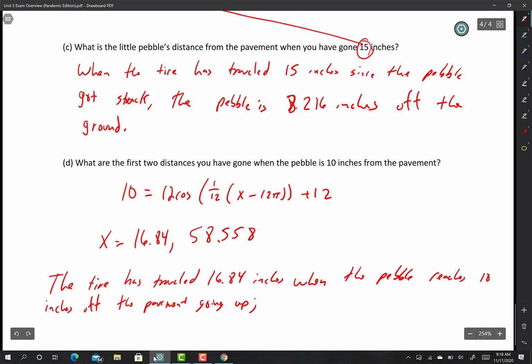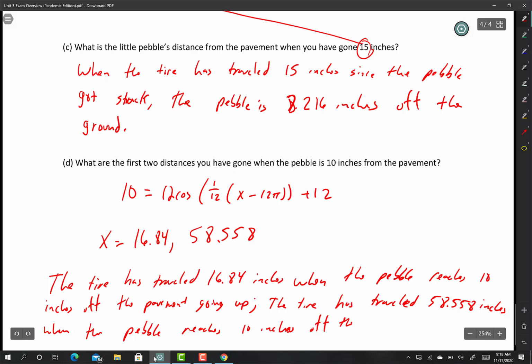And then semicolon, the tire has traveled 58.558 inches, because remember, it's just going in circles, right? The tire has traveled 58.558 inches when the pebble reaches 10 inches off the ground, going down.